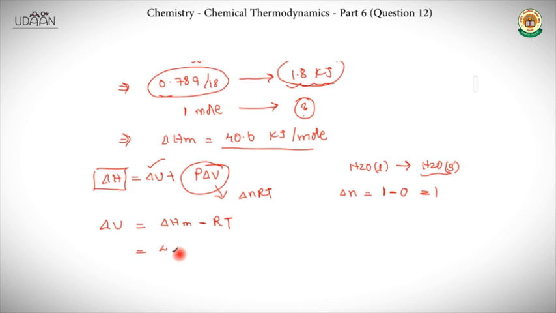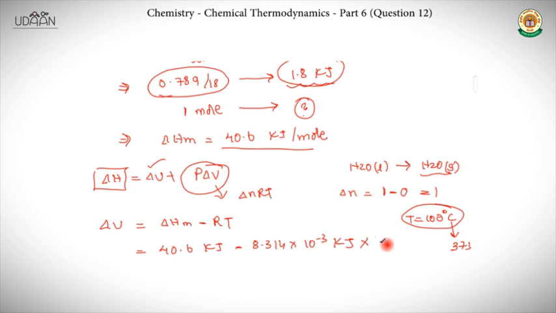This is 40.6 kilojoules minus the R value, 8.314 joules, means 8.314 into 10 power minus 3 kilojoules, into temperature. Since the whole thing is happening at 100 degrees centigrade, the boiling point of water, in Kelvin it will be 373.